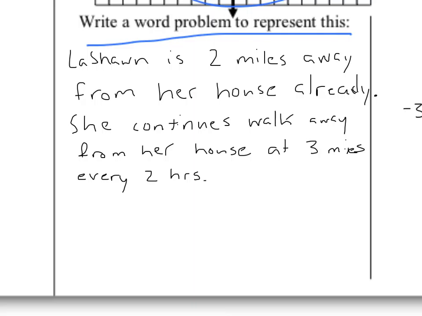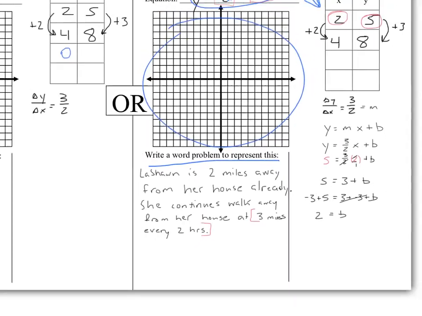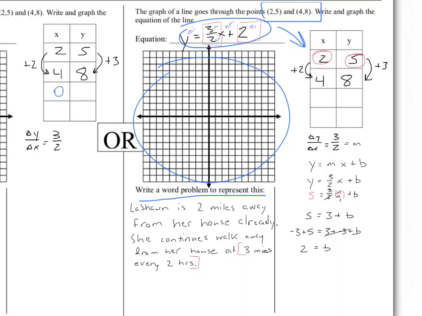All right, so this is where I have pretty much all of the pieces of my word problem already written. I have my rate, 3 miles over 2 hours, and that matches up to the rate in my equation over here. And I've got my starting point, which is 2 miles in the equation.